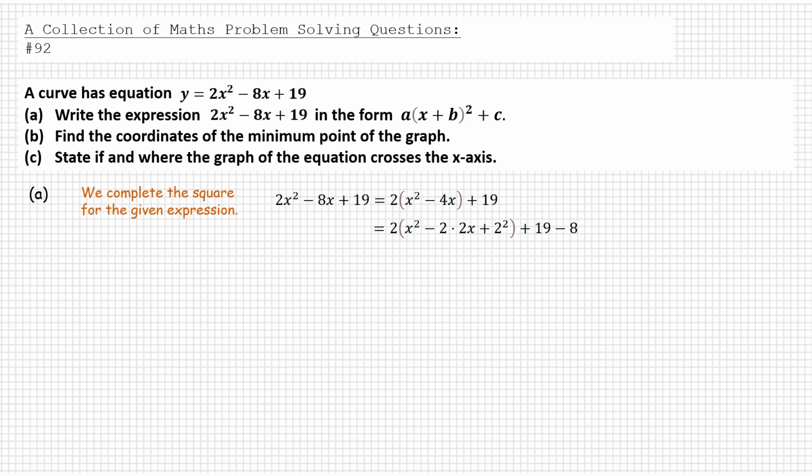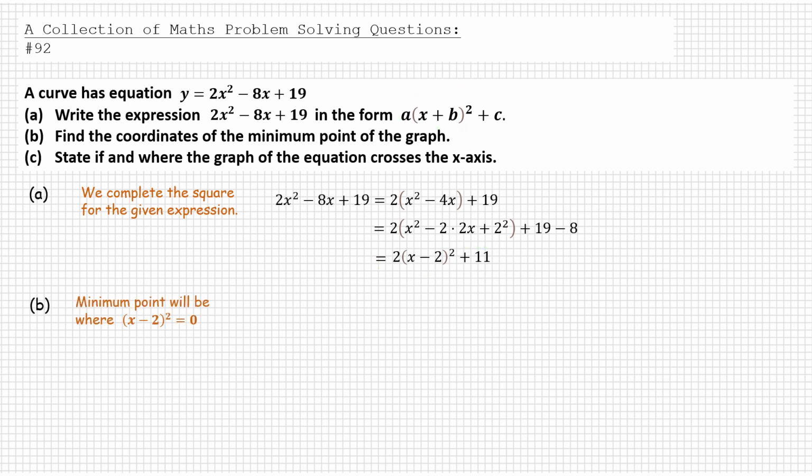So that equals 2 times (x squared minus 2 times 2x plus 4), and then it is 19 minus 8. It is 8 because 2 times 2 is 4 and times 2 is 8. And so that becomes 2 times (x minus 2) whole squared plus 11, which is of the form that they have asked for. So I've got the answer to part A, I think.